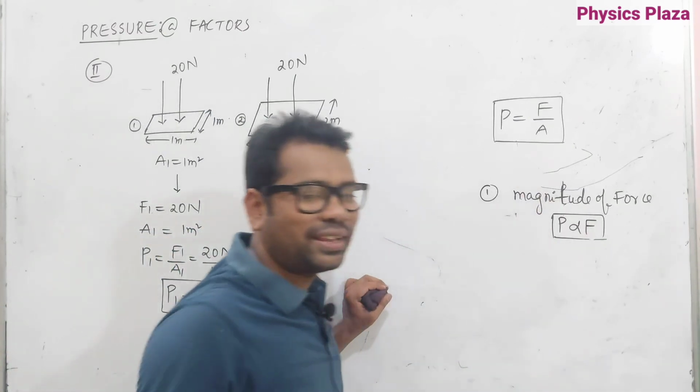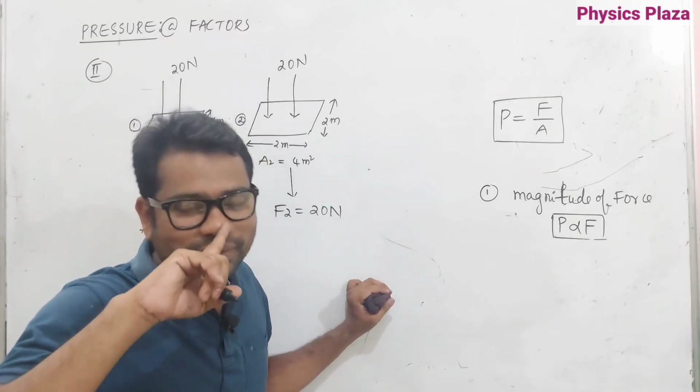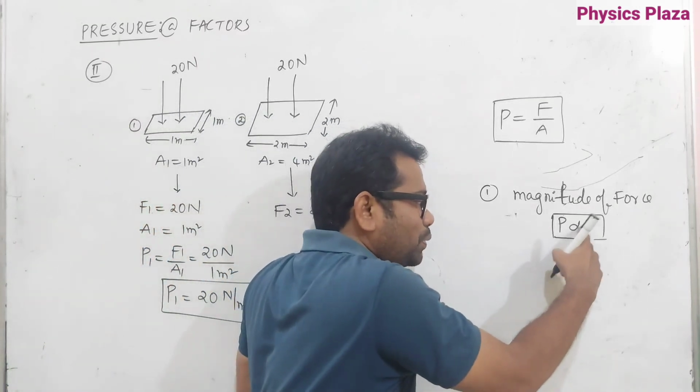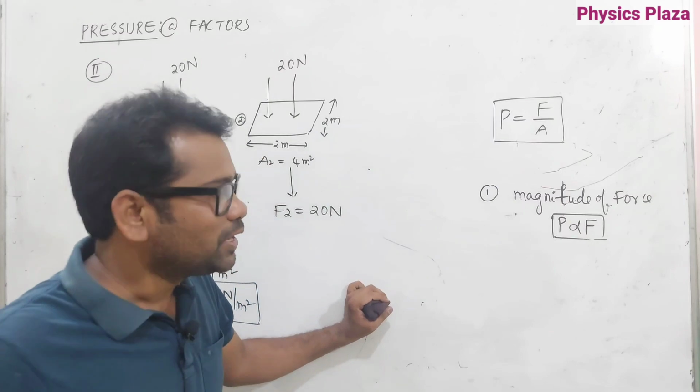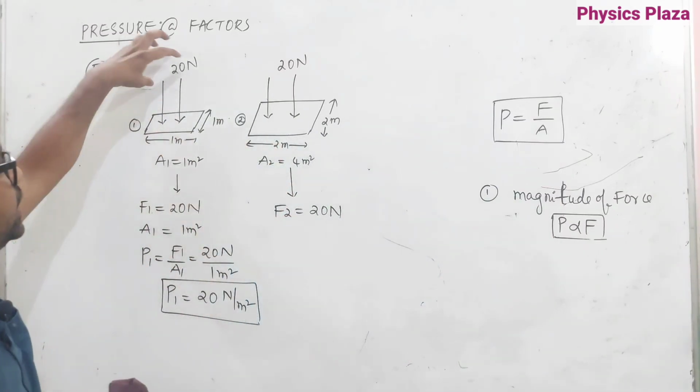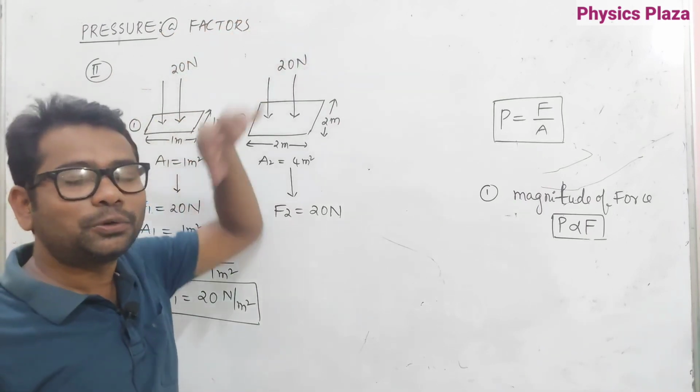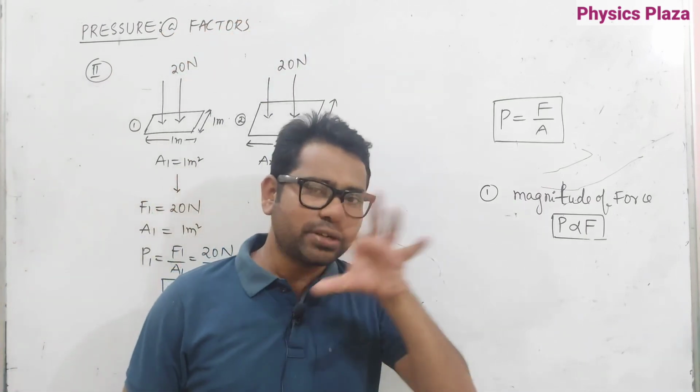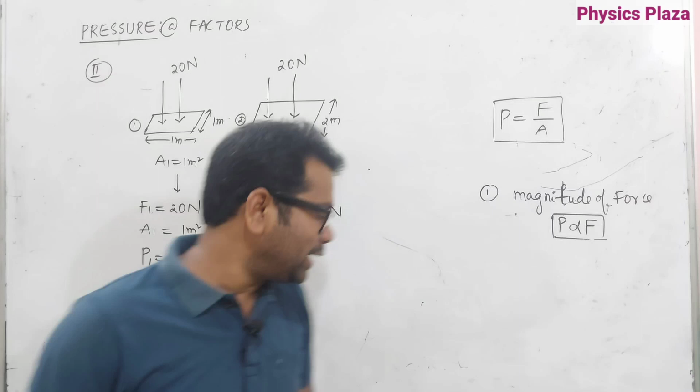How is it proportional to the area? No, sorry, I just got confused. Pressure is proportional to force actually. So by keeping this relation in mind, and by seeing 20 Newton here and 20 Newton here, don't come to the conclusion that pressure is the same in both cases. Let us see here.